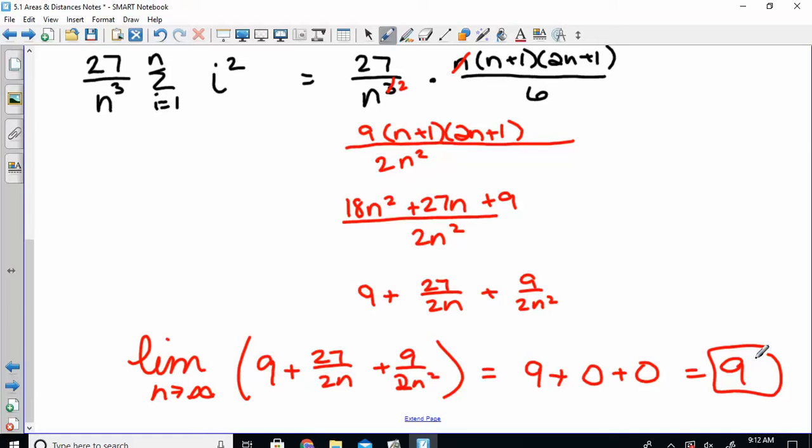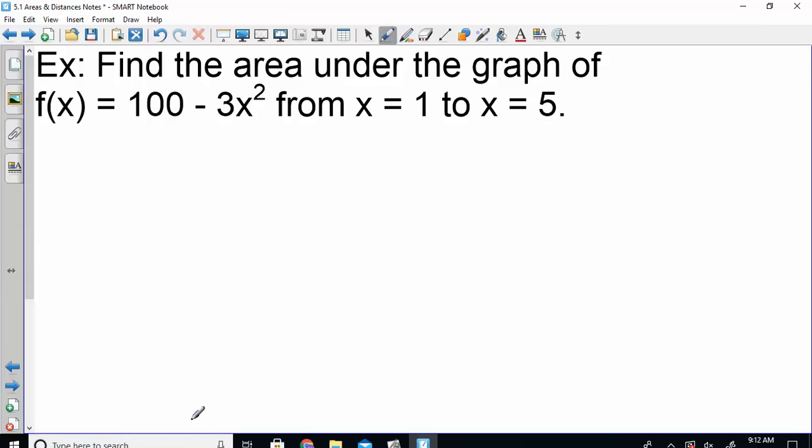So this is the exact area. Questions there? Let's do another one.